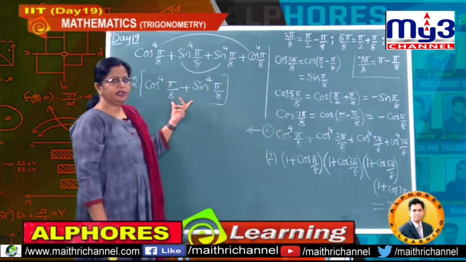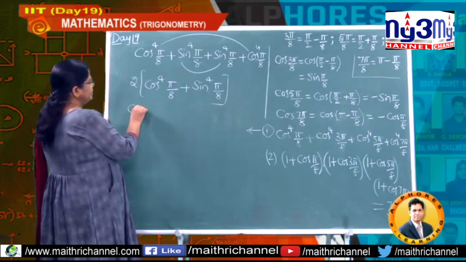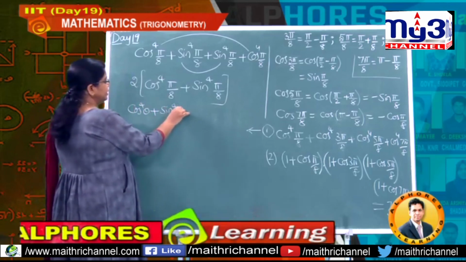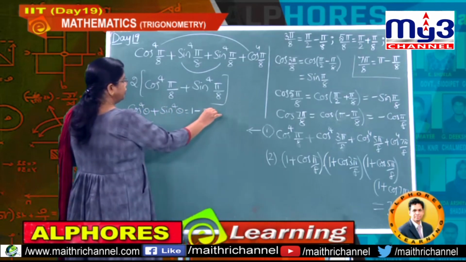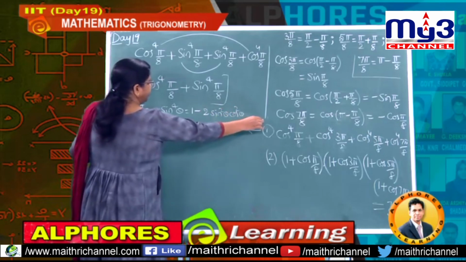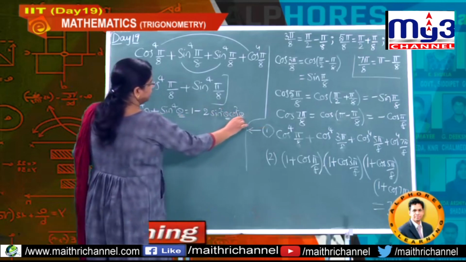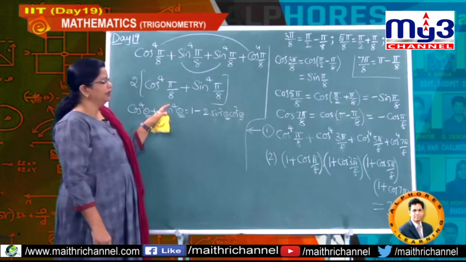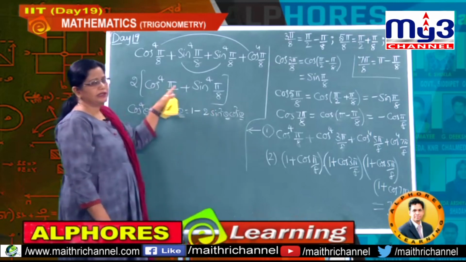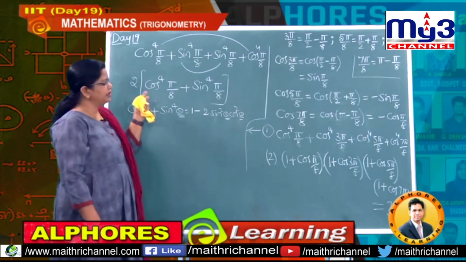And at this stage the formula we applied is cos to the power of 4 theta plus sin to the power of 4 theta equals 1 minus 2 sin square theta cos square theta, when you don't require any change in the angle, the same angle here and here also, understand. But here the thing is we don't know the value of pi by 8, which is 22.5 degrees, with cos or sin. Even you know it is an irrational number, that is the purpose.